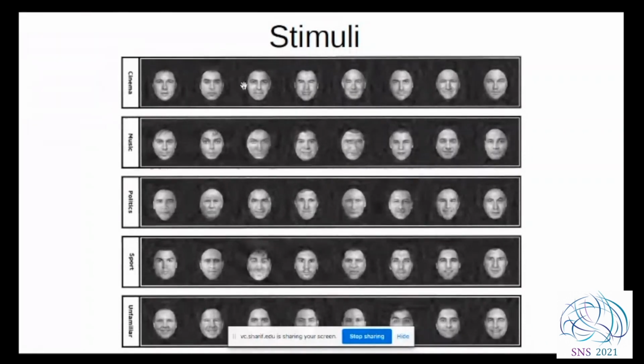So all of these faces in the upper row are actors. The next row, they are singers, and then we have politicians and football players. So we had 4 categories of familiar faces, and also we had 1 category of unfamiliar faces.